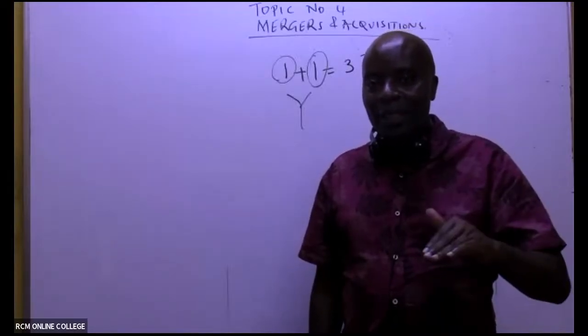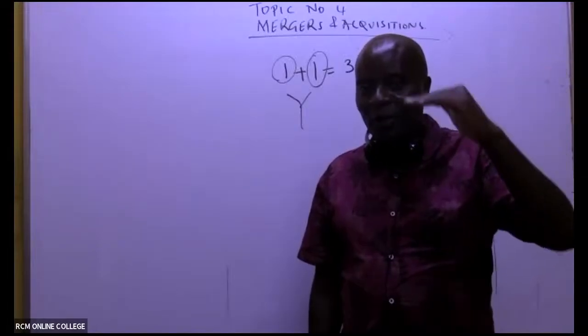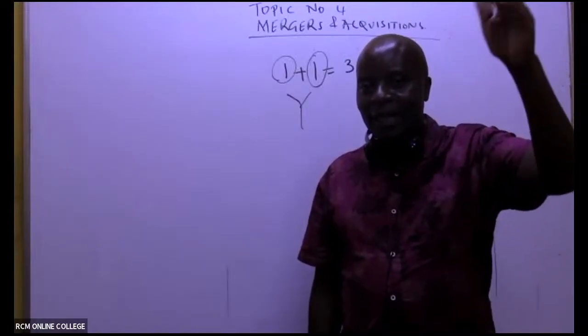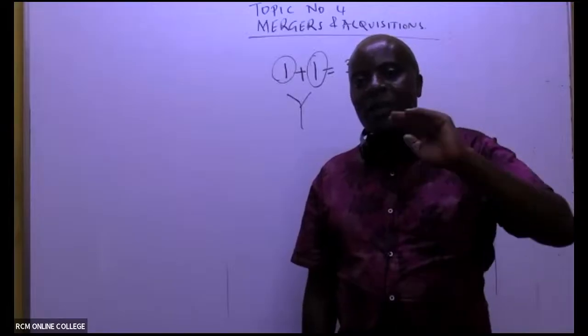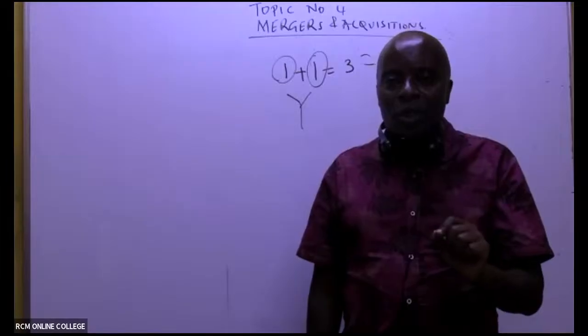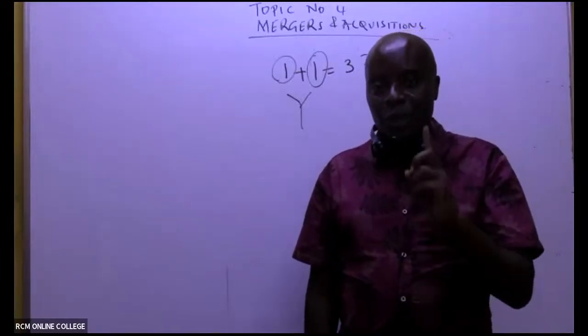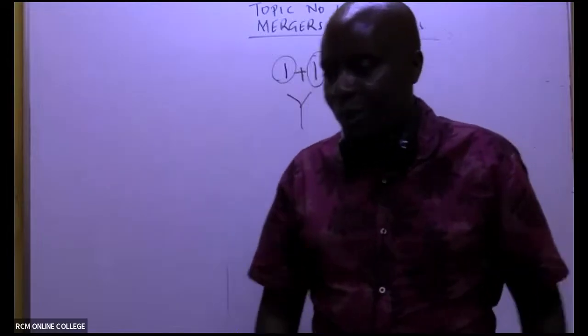Now we start recouping our capital, so we start taking the fees a little bit higher. So, ladies and gentlemen, you can also use these mergers and acquisitions to reduce rivalry, to reduce competition.